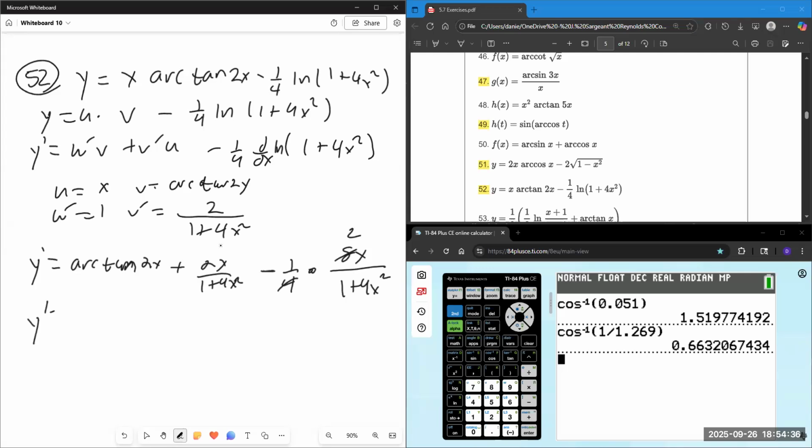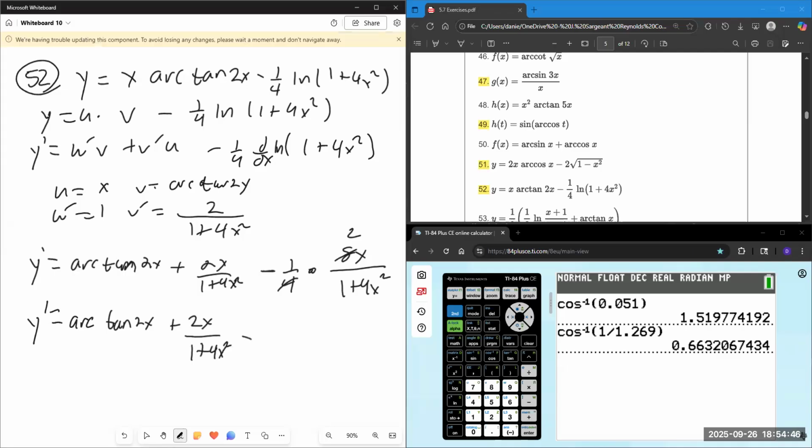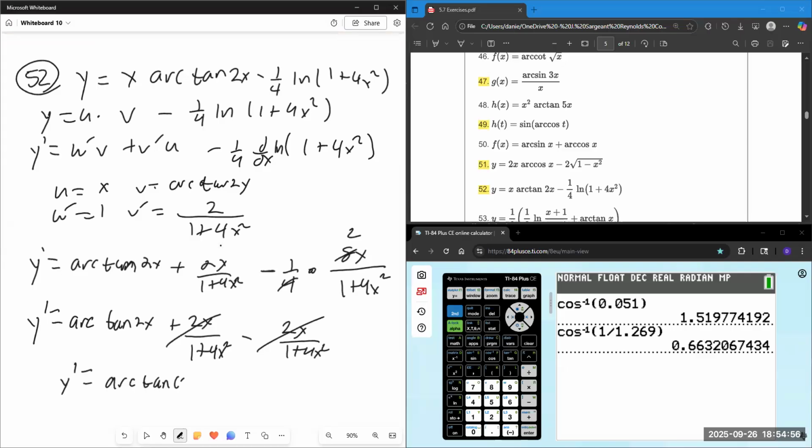So y prime is arctangent of 2x plus 2x over 1 plus 4x squared minus 2x over 1 plus 4x squared. These pieces zero out, and y prime is arctangent of 2x.